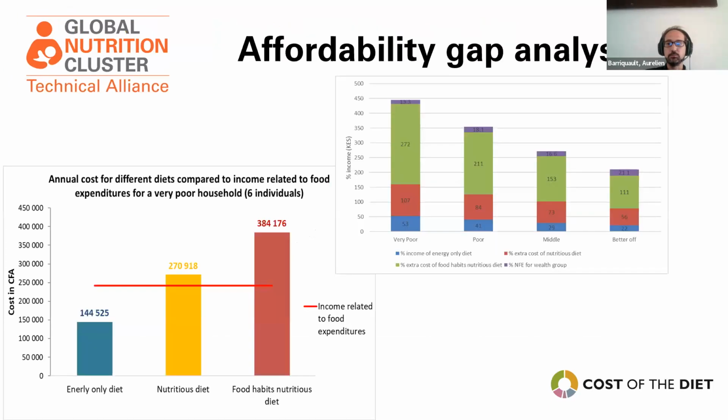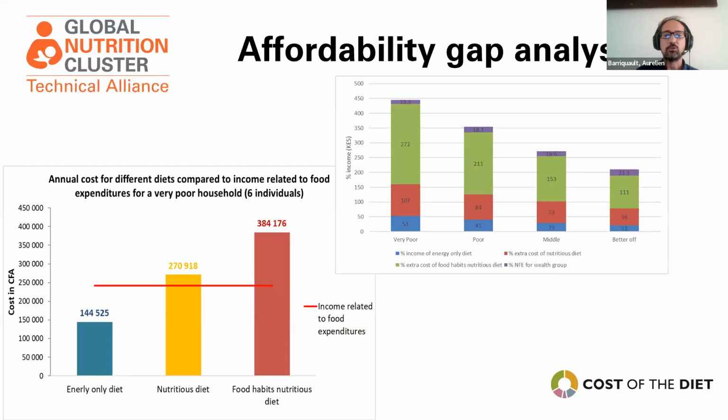Next slide, please. So here is just to describe two different cost of the diet assessments that have been conducted. This is really to explain the function of the software and how the analysis is done in terms of affordability gap. On the right-hand side, you'll see this affordability gap analysis. Again, you see the percentage of income, 100%.